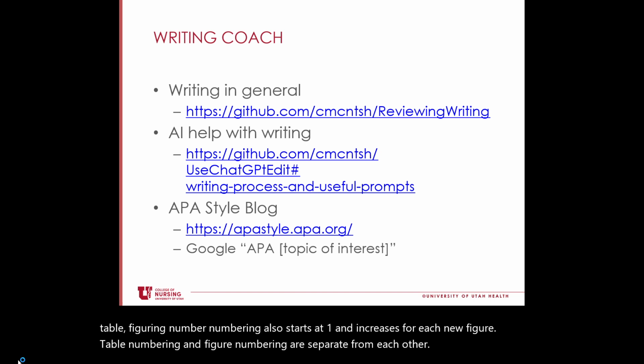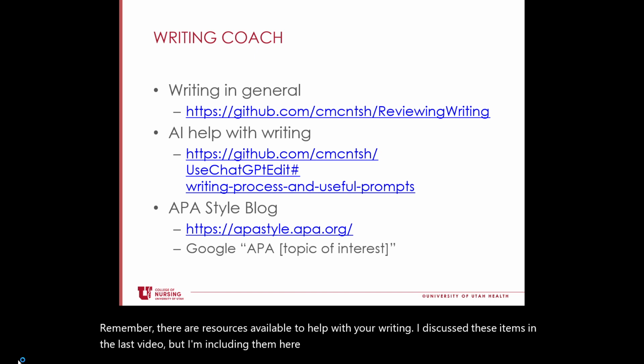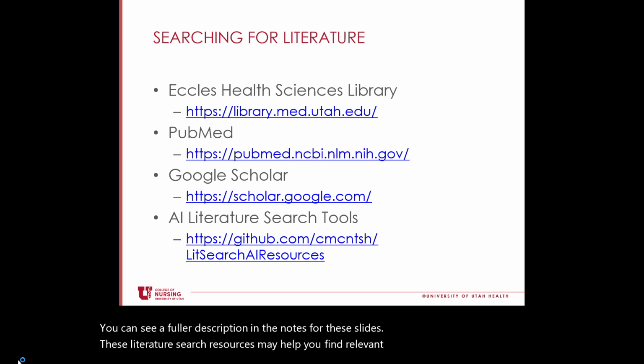Remember, there are resources available to help with your writing. I discussed these items in the last video, but I'm including them here to remind you the resources are available. You can see a fuller description in the notes for these slides. These literature search resources may help you find relevant literature regarding theories or frameworks.